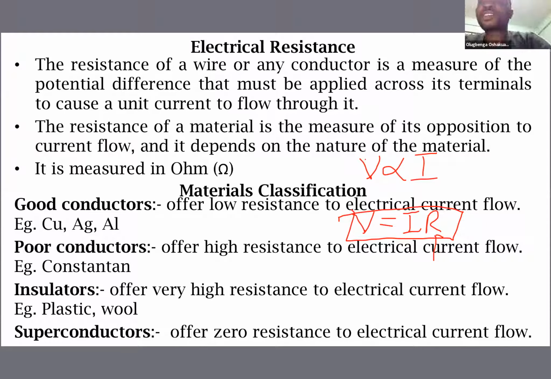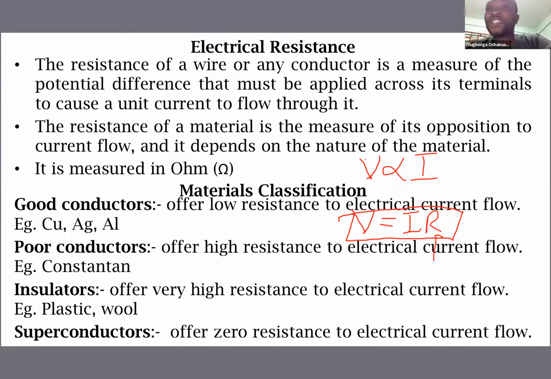So that means that a material with high resistance would oppose current flow, giving a bigger opposition to current flow compared to another material with small resistance, just like the English word resistance, the ability to resist.